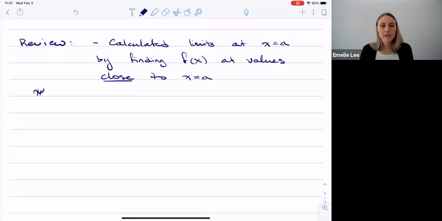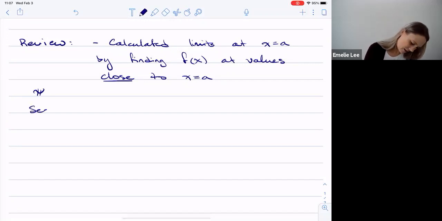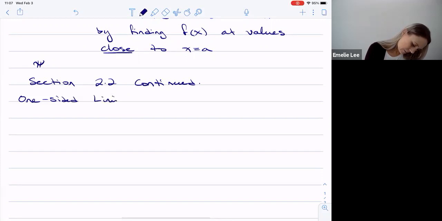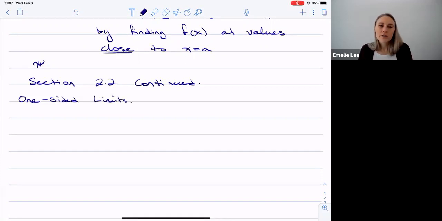But let's talk about one-sided limits. We're still in section 2.2, 2.2 continued. Hopefully you have the 2.2 handout. We're talking about one-sided limits. There are limits that do not exist, and then there are limits that maybe only exist from one direction.